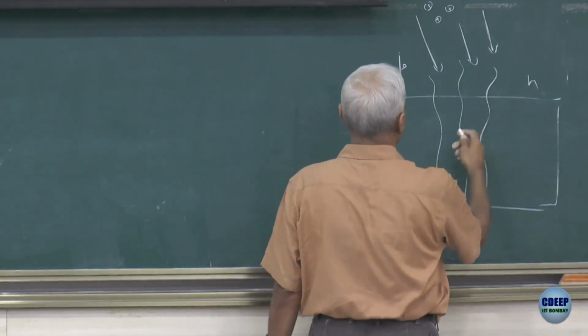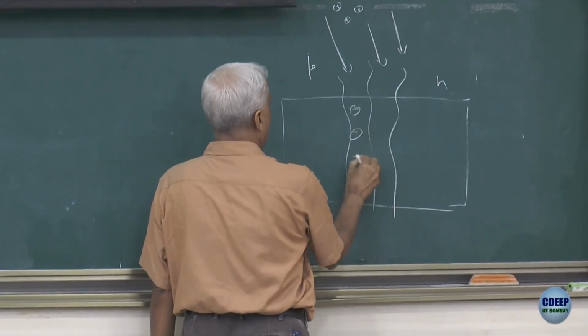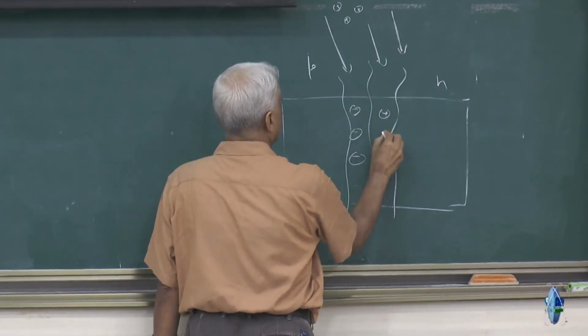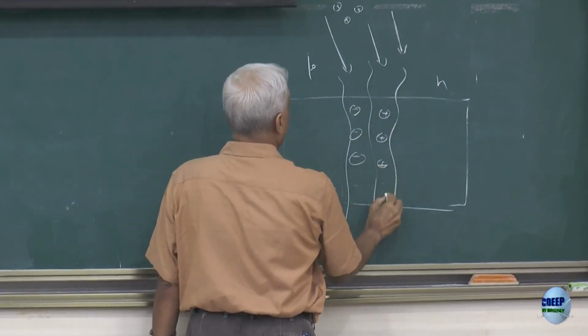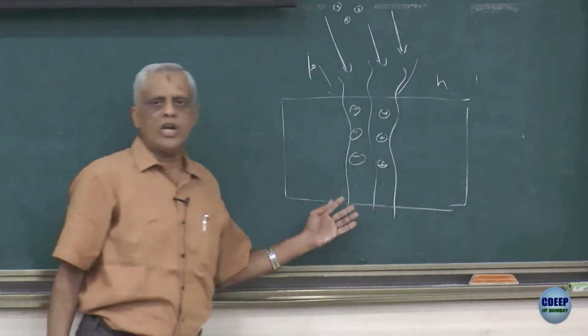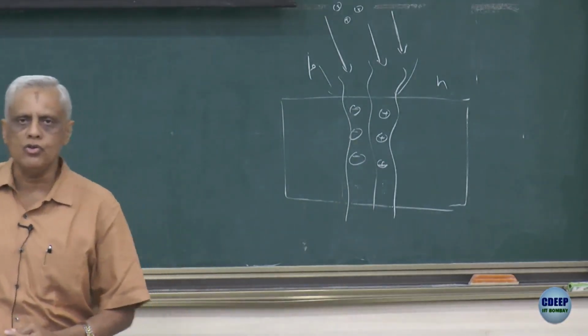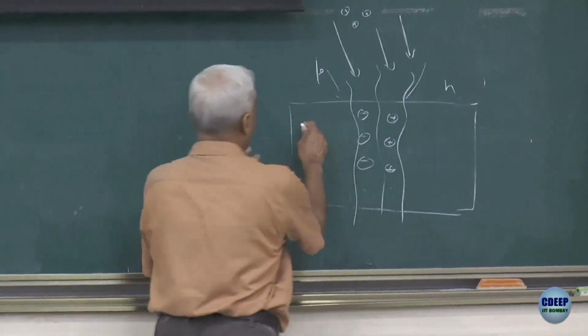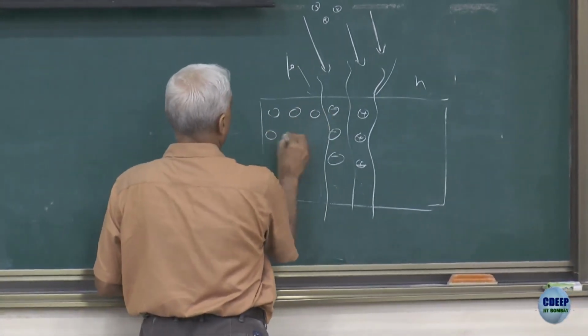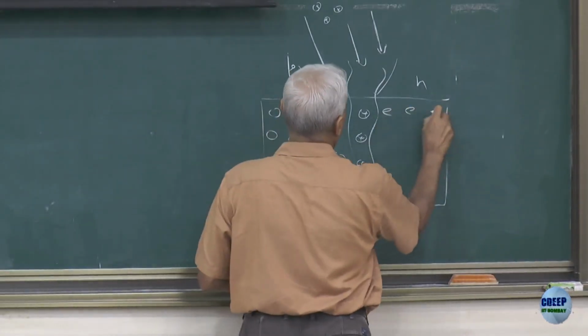And now you have, as you know, lots of immobile ions this side. So any of these photons falling here in this region, because there are no excess electrons or holes which are already there as they are on this side. So these are all holes on this side, and these are all electrons.